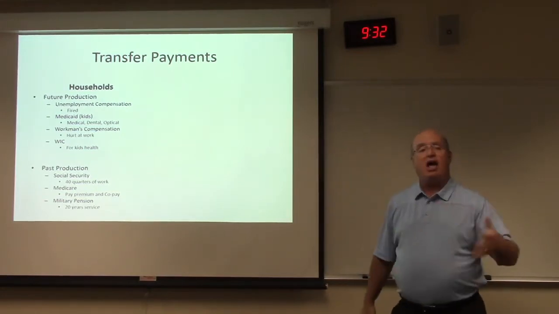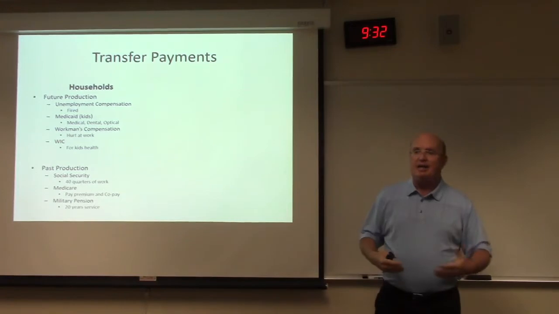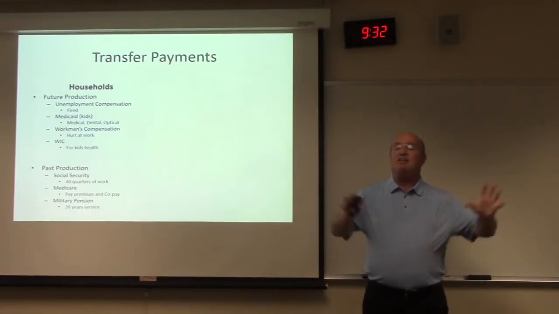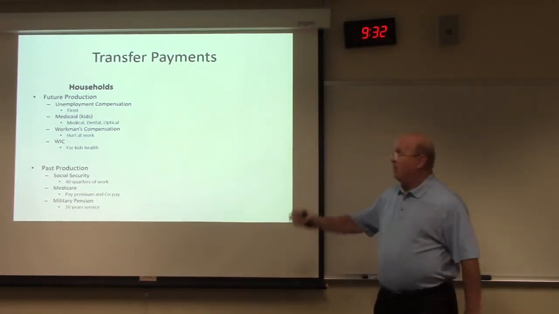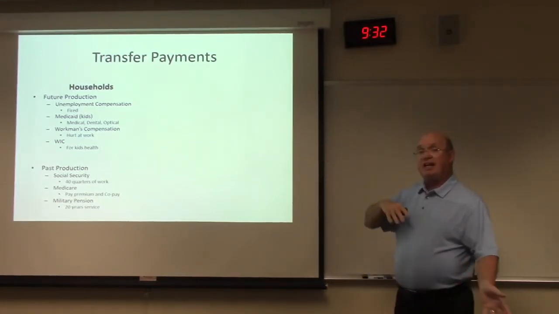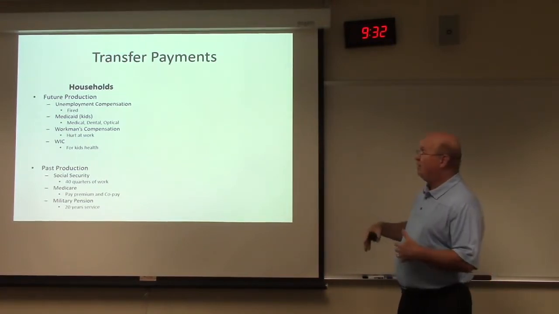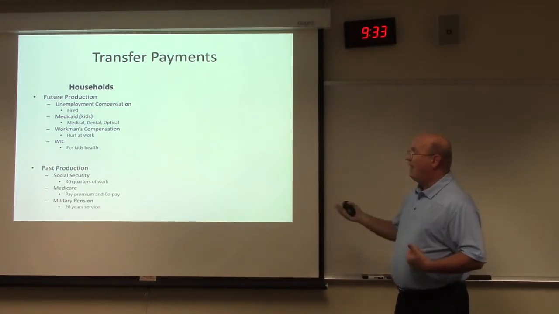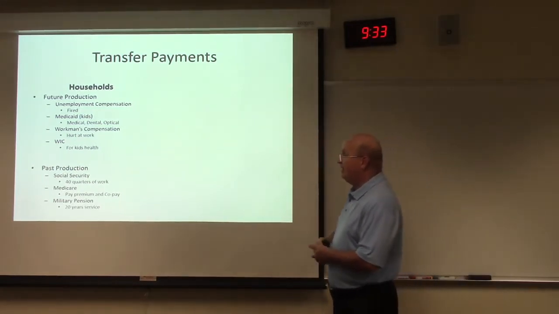Unemployment insurance keeps you with enough money to barely get by until you find another job. Medicare for kids, for the poor. Workers' compensation if you get hurt at work. WIC for kids again, for health care.